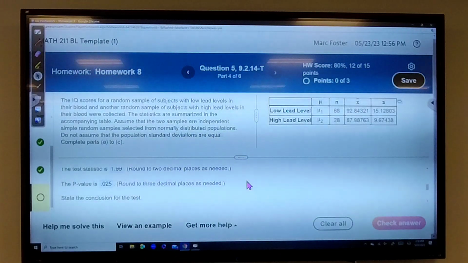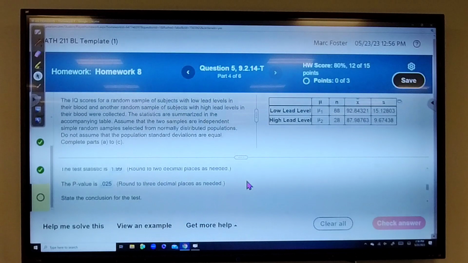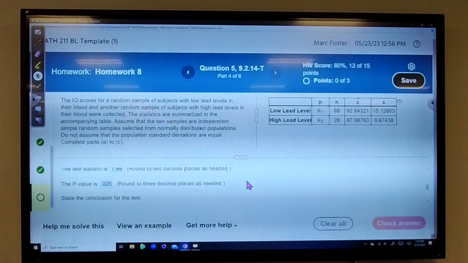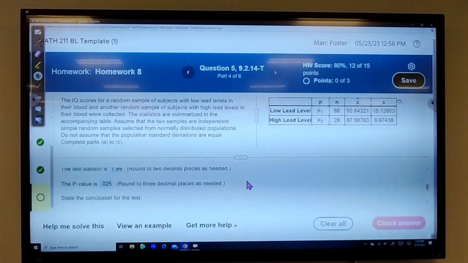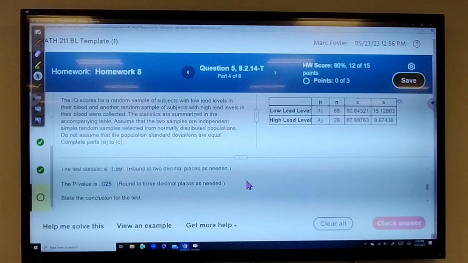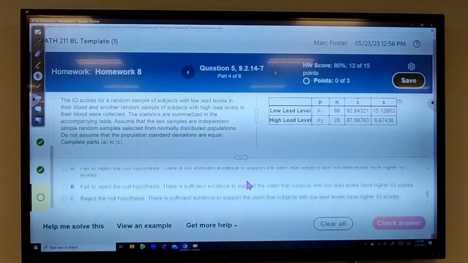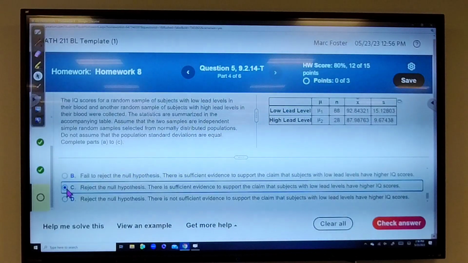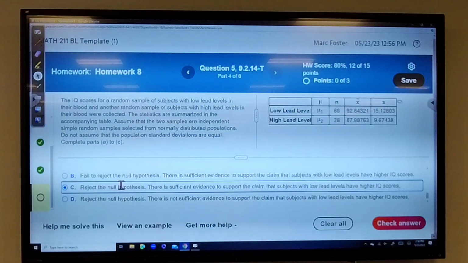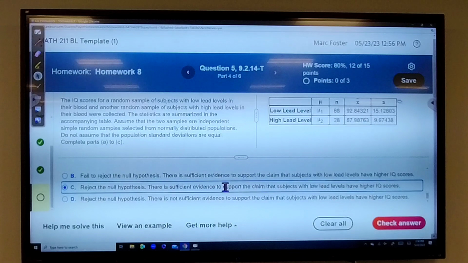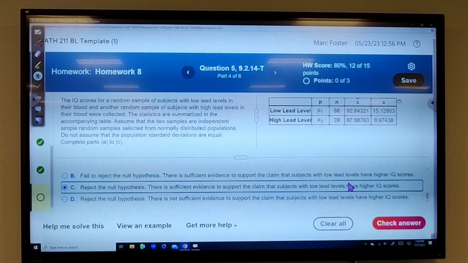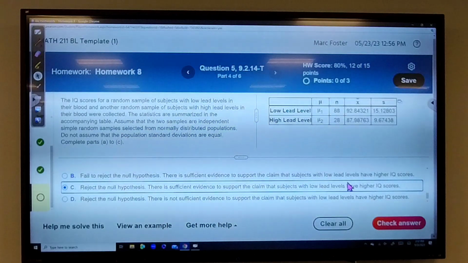So that's not a very big probability of being wrong. So I'm going to go ahead and take the risk and reject, because there's such a low chance of me being wrong. I will reject. Anytime I'm rejecting, I have sufficient evidence. In this case, I'm supporting the alternate. I have sufficient evidence to reject, in which case I shall support the alternate.